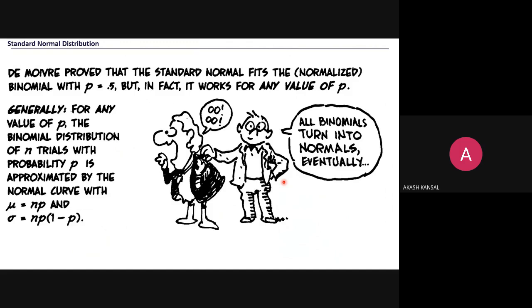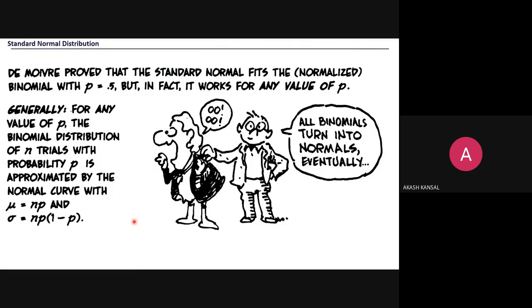Now, De Moivre proved that the standard normal fits the binomial with p equal to 0.5 for a very large value of n. But it actually works for any value of p. So, does it mean that all binomials turn into normals eventually? Let's see. Generally, for any value of p, the binomial distribution of n trials with probability p is approximated by a normal curve.